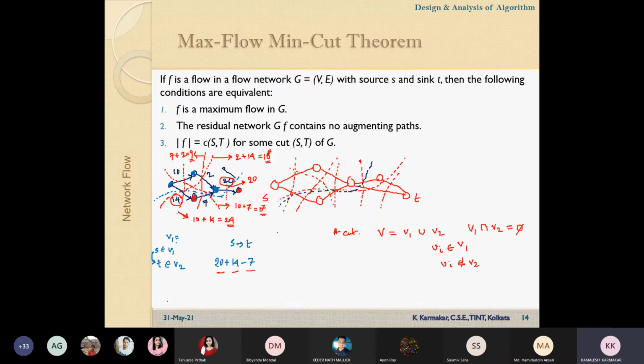The minimum cost is 9. Okay, so minimum cost among all the cuts of the graph is 9. So if 9 is the minimum cost of all the cuts, then 9 becomes the maximum value from the source to sink.